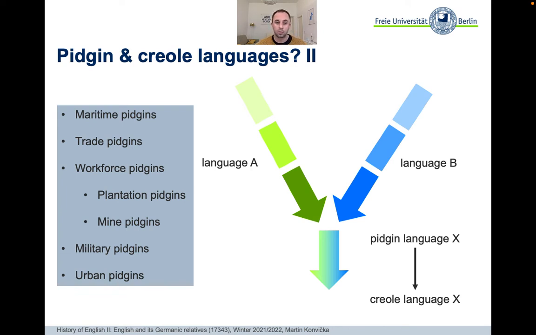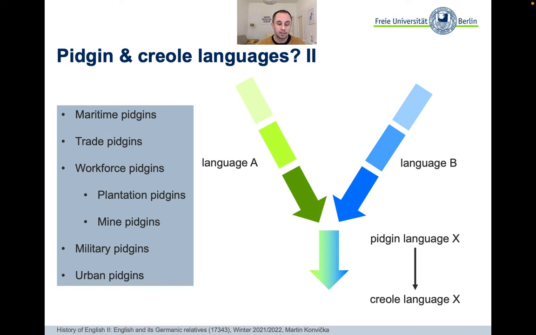Then there are the so-called workforce pidgins. As I said, the most notable examples of these evolved in a colonial situation, such as plantation pidgins or mine pidgins. But this does not necessarily have to be a colonial setting as well. Then another situation where many people with different linguistic backgrounds meet would be military.